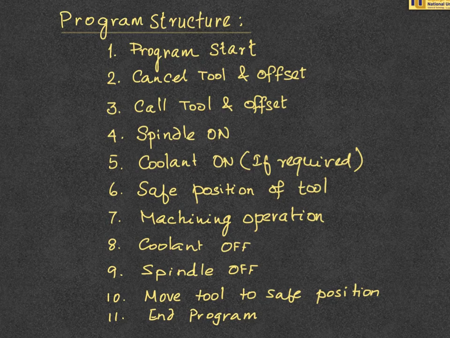Every program will have a program start with a program number, followed by cancelling the tool and tool offset, then calling a new tool for the machining process with the offset which is preset in the machine tool, then spindle switch on, coolant on if required.